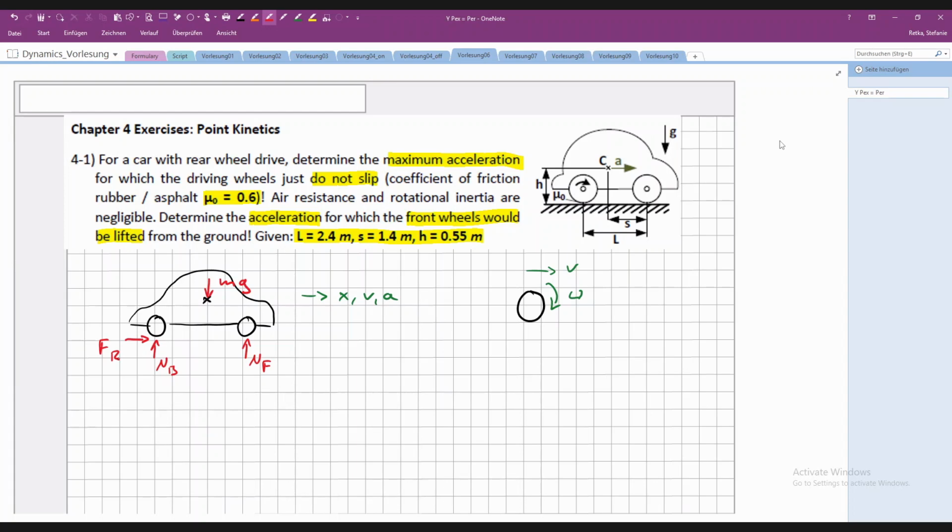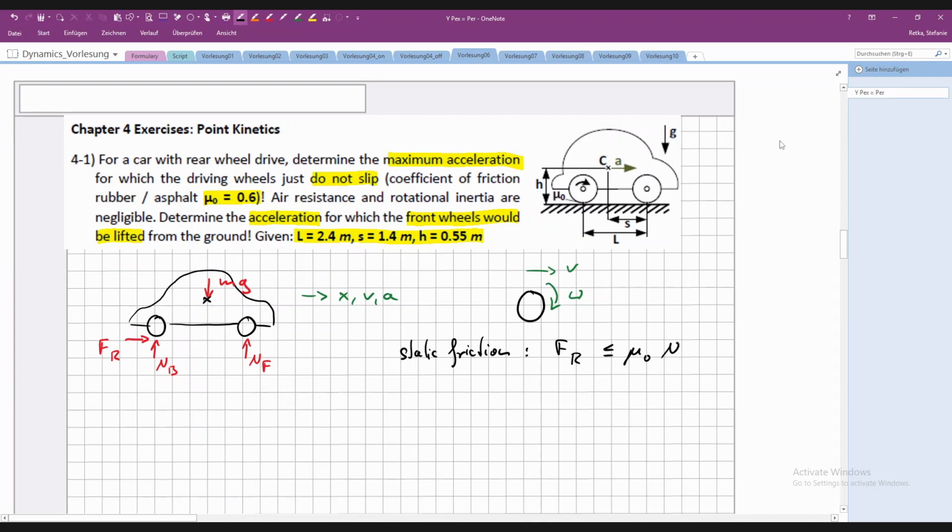Of course, since it's static friction, and that's what you also learned in Engineering Mechanics 1, it wouldn't be wrong to draw the force of friction in the opposite direction. But you know that in case of static friction, you have this equation between force of friction and normal force.